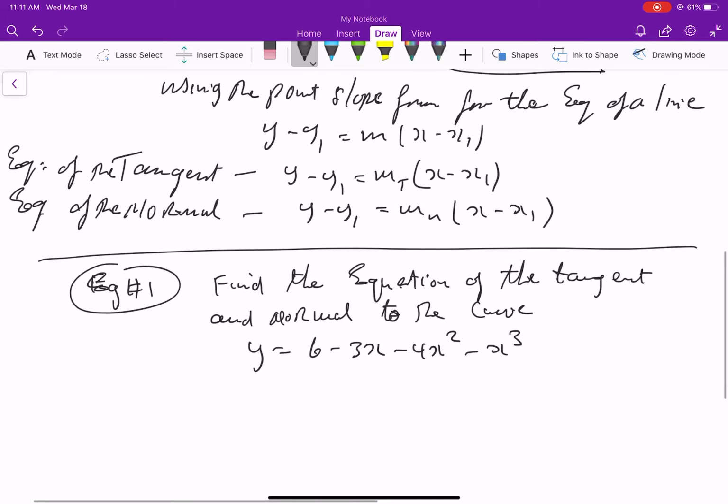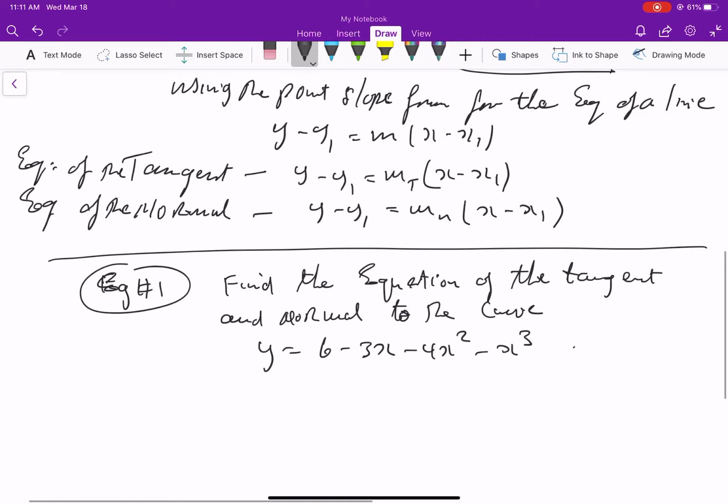Find the equation of the tangent and the normal to this curve at the point where x is equal to 2. Make x equal to 2. Okay.